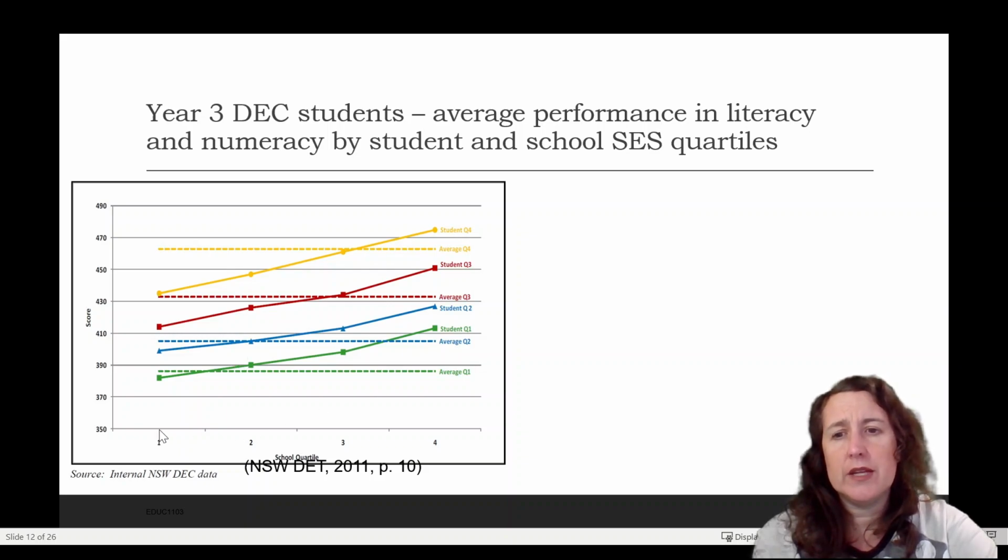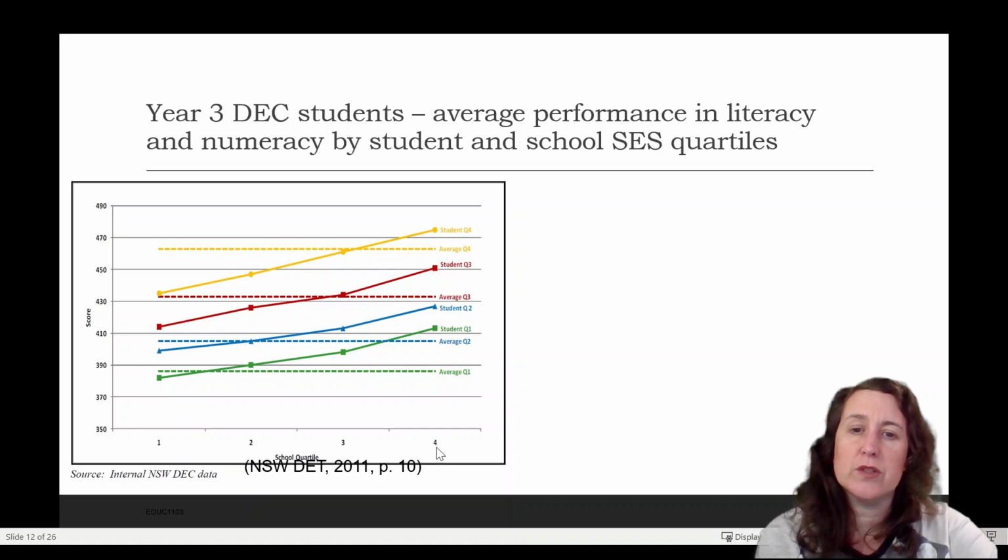However, these lines indicate where schools sit, so we have schools whose average is in the bottom quartile, the second quartile, the third quartile, and the top quartile. We can see that when we put students from the bottom SES quartile into a school, the higher the average of the school, the better result that student can achieve.